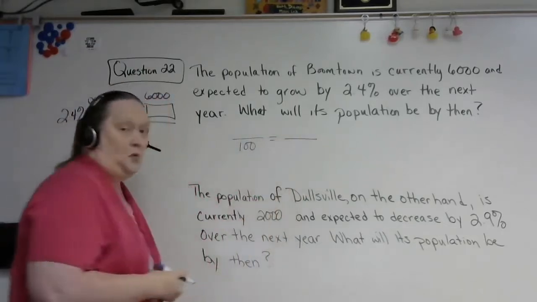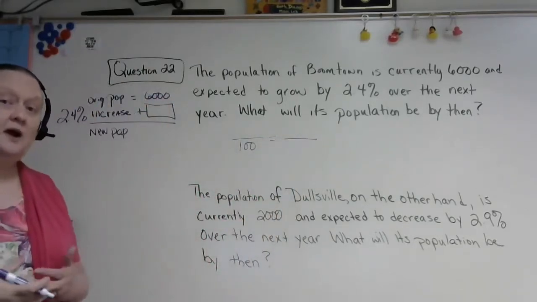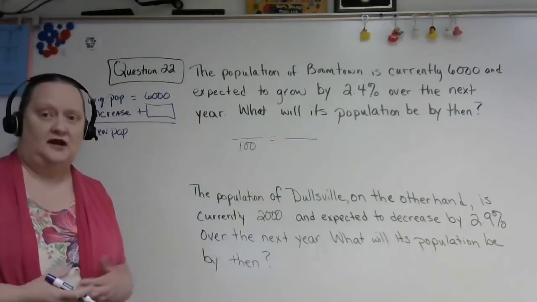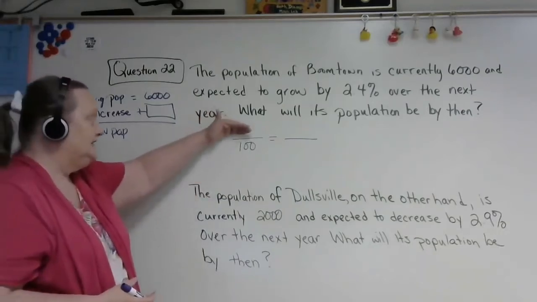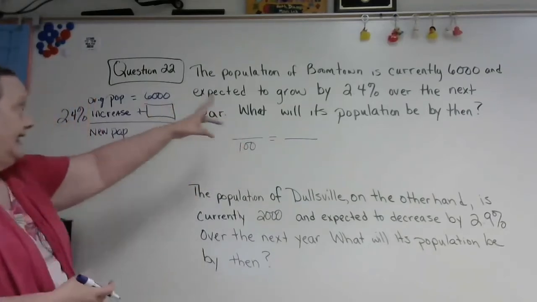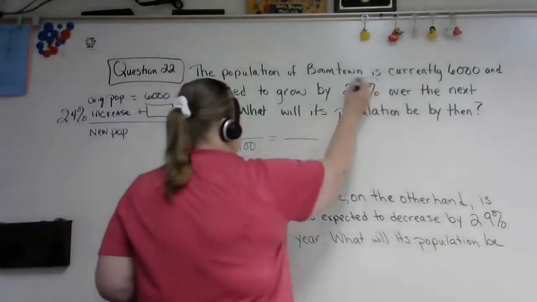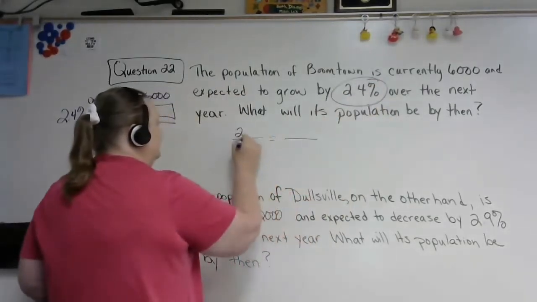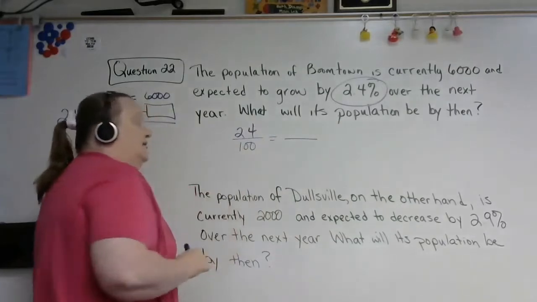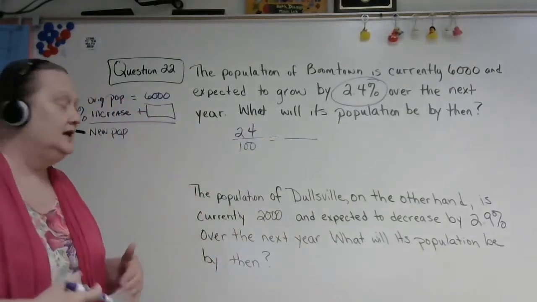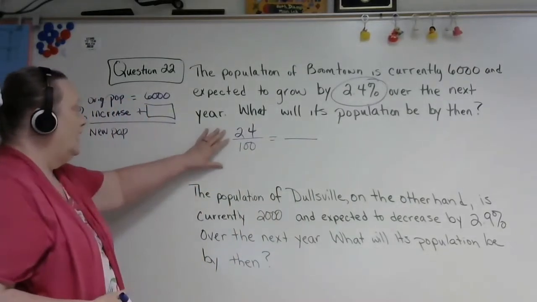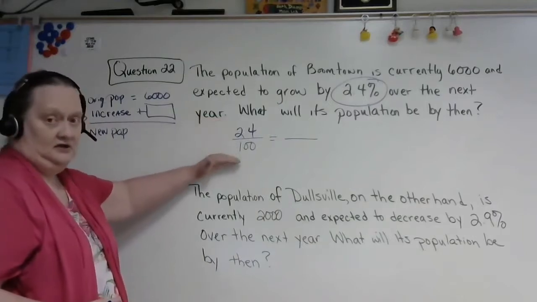I'm going to write my two fractions with the 100. That's the percent over 100. In my case, the percent is 2.4%, so that's 2.4 over 100. Then that's the increase over the original or total population.